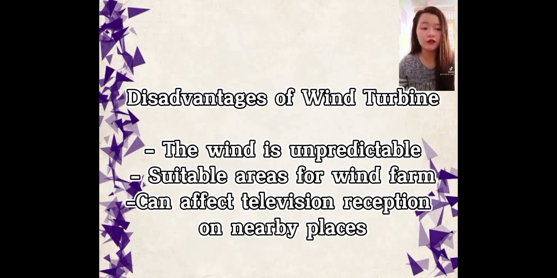Next naman is suitable areas for wind farms are often near the coastal area where land is expensive. Expensive means magastos. Next naman is can affect television reception or nearby places. Nakakaapekto yung wind farm dun sa may places or sa lugar na mas malapit doon.